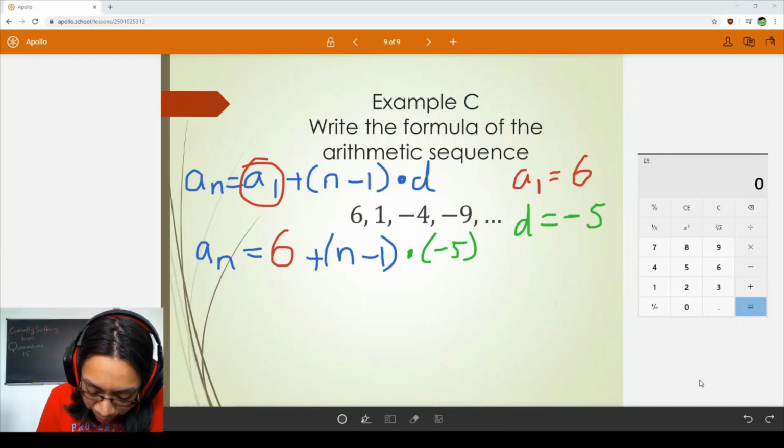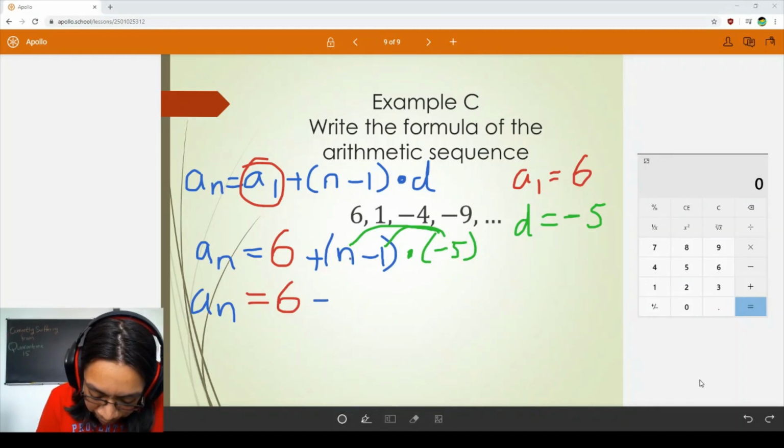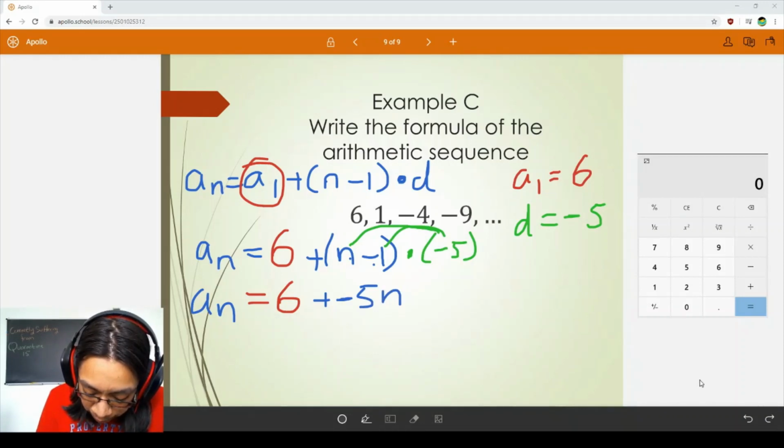We take this negative 5 and we multiply. We have a sub n equals 6 plus negative 5 times n is just negative 5n. Negative 5 times negative 1 is plus 5. From here we just simplify and we're pretty much good to go.